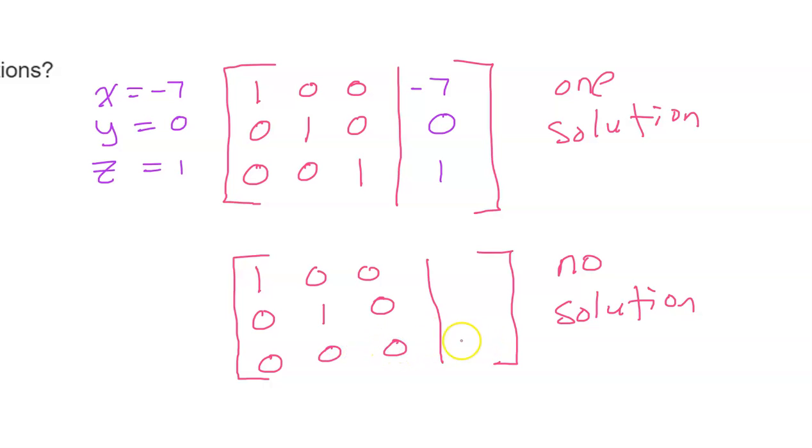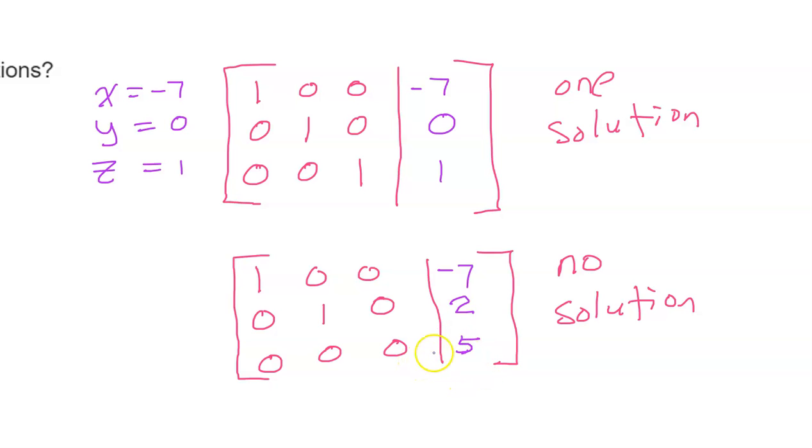So we might have something like this. In the bottom row, I have 0, 0, 0. Okay, so let's say over here, I have -7. This still doesn't matter. I'll just say 2. But right here, I have to have a number. If it's going to be no solution, there won't be another 0 here. It'll be a number here.